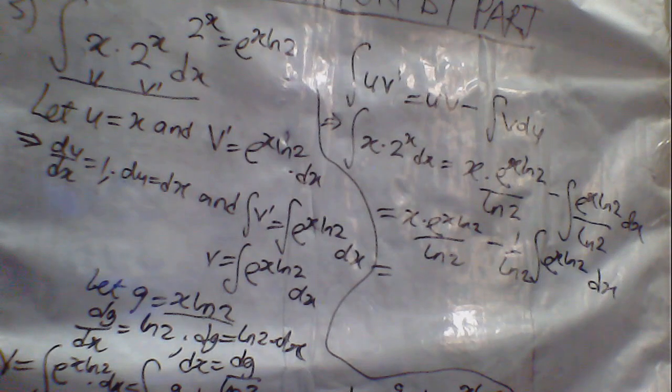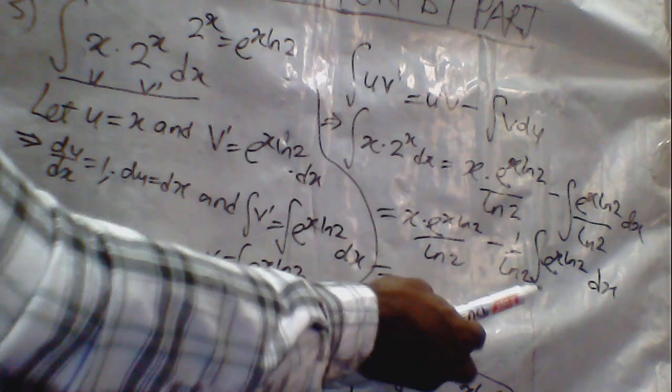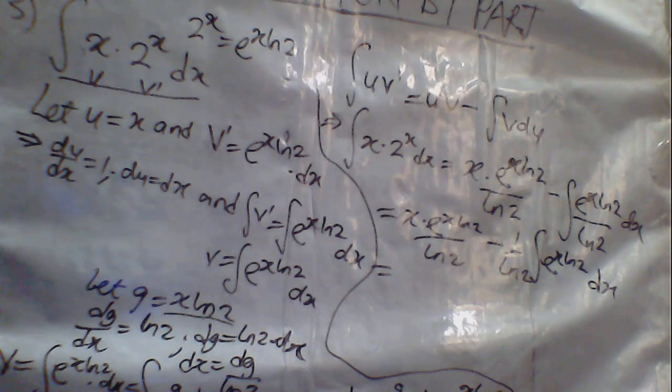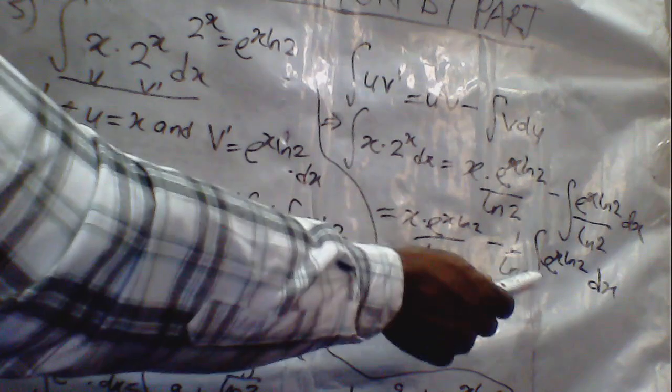There's no question. So we already got that from our formula, the integration of e raised to power s ln 2. Are you seeing it? See it here: v is equal to the integral of e raised to power s ln 2 ds.